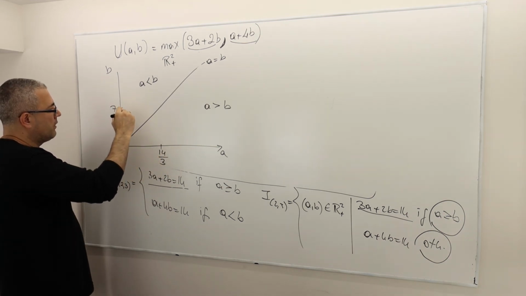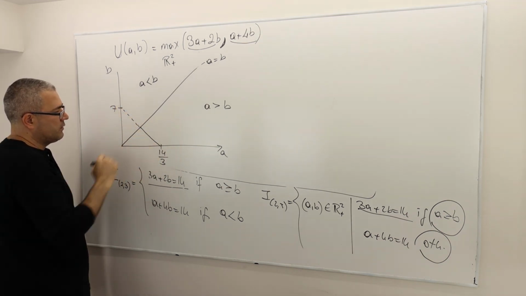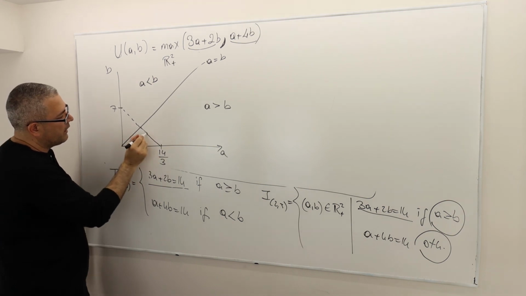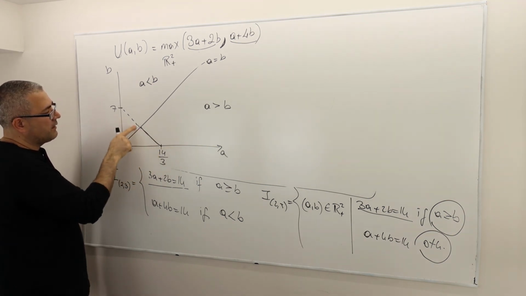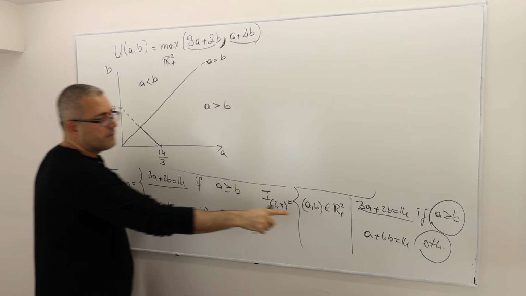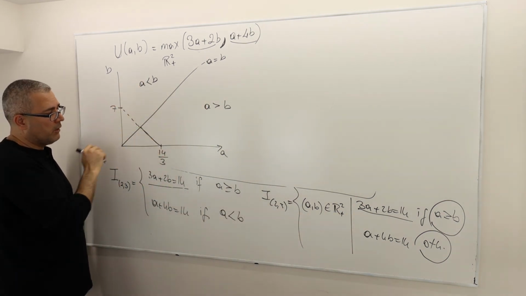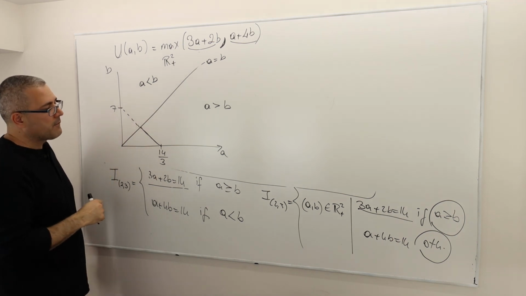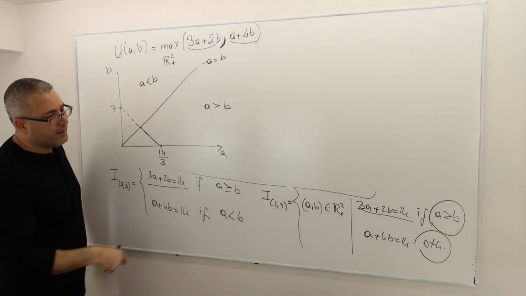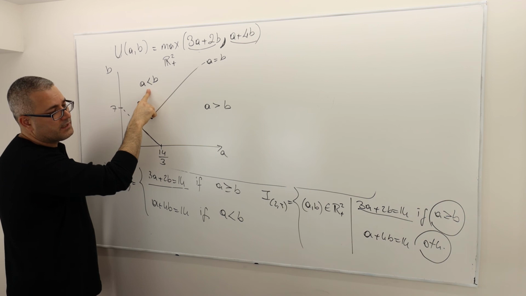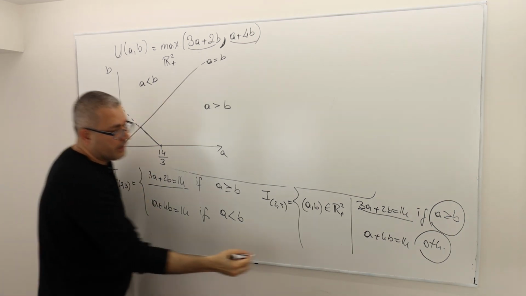So this is what it's going to look like. I put this dotted line because remember, this indifference curve is not valid above the A equals B line. It's valid only below it. And whenever A is strictly less than B, I have this other indifference curve.